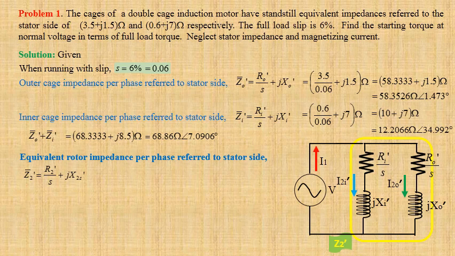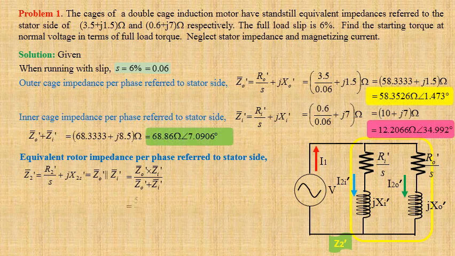Equivalent rotor impedance per phase referred to stator side, Z2 dash equals R2 dash by S plus jX2S dash, that is equal to Zo dash in parallel with Zi dash, which is equal to Zo dash into Zi dash divided by Zo dash plus Zi dash. Using values we get 58.3526 at an angle 1.473 degree into 12.2066 at an angle 34.992 degree divided by 68.86 at an angle 7.0906 degree.